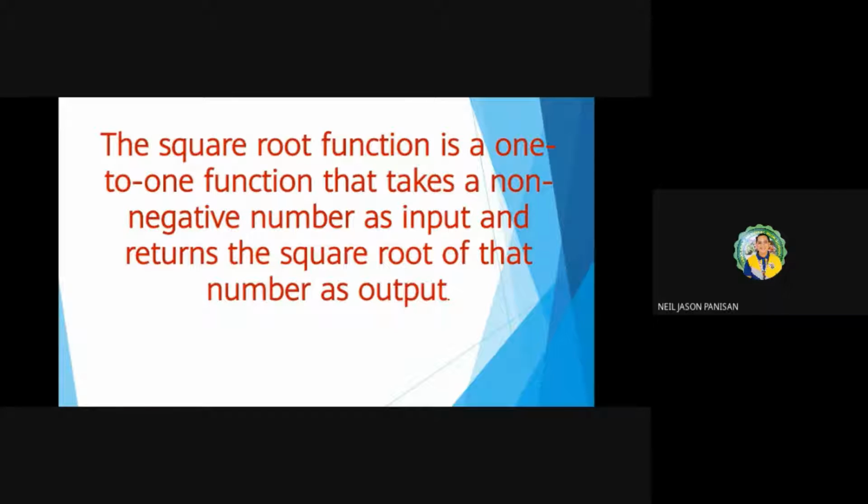Dili pwede nga ang x values or our domains pag abot sa y or the range adunay two or more values of y.